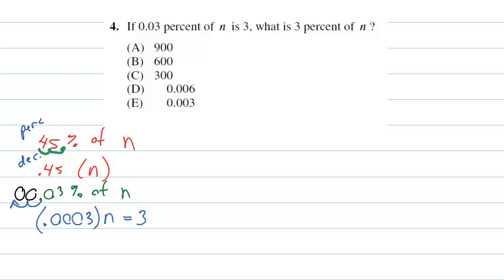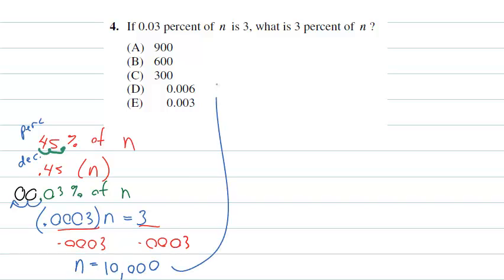Now we can do some algebra. Divide both sides by 0.0003. And now n equals whatever that divides out to. 3 divided by 0.0003, which is 10,000.